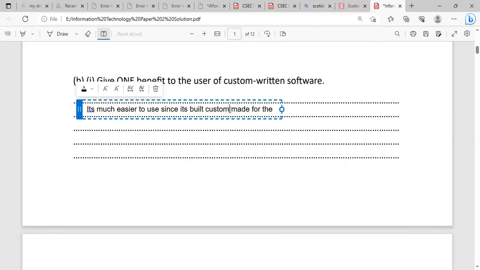It has specific instructions. It's built for the customer primarily. All right, hope everyone is getting what I'm saying. Let's move on to the next question.